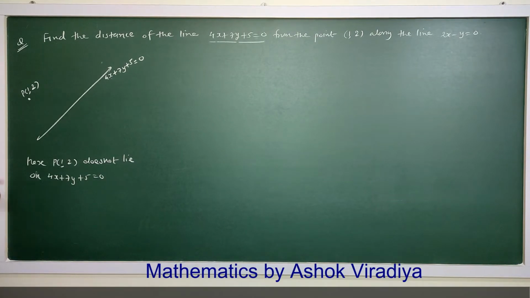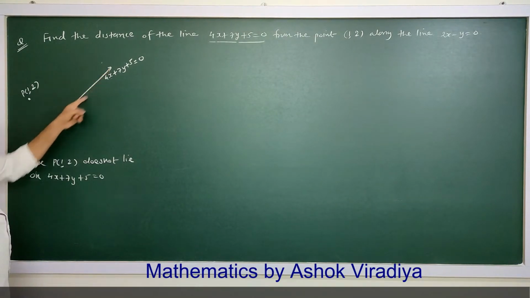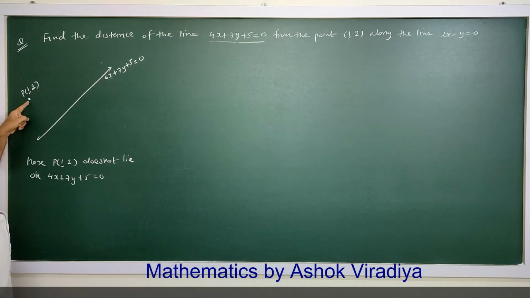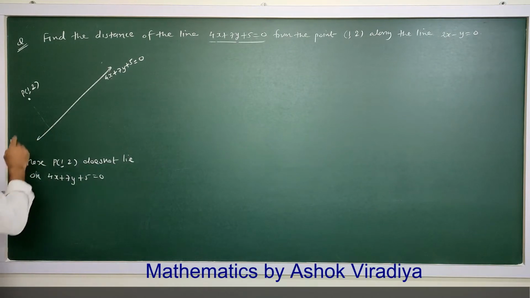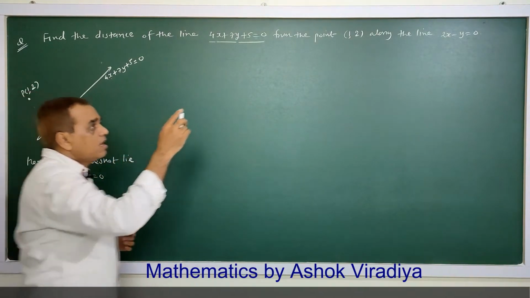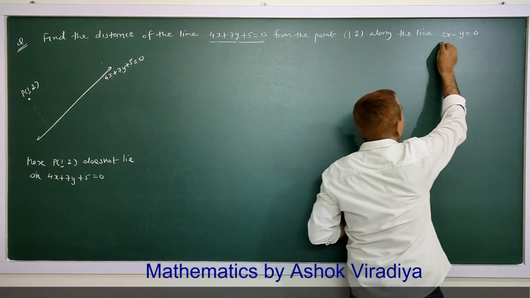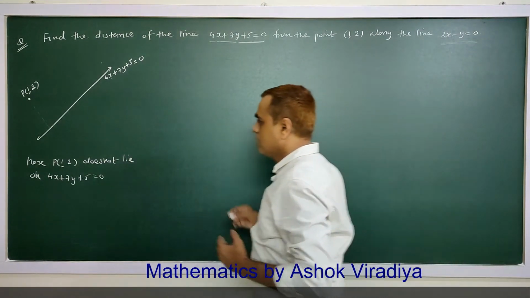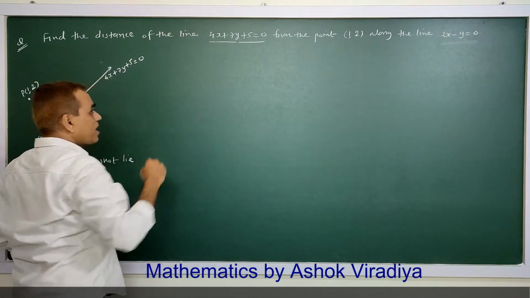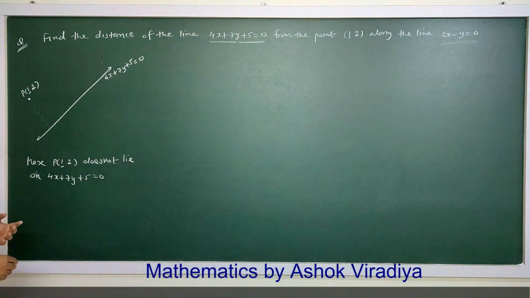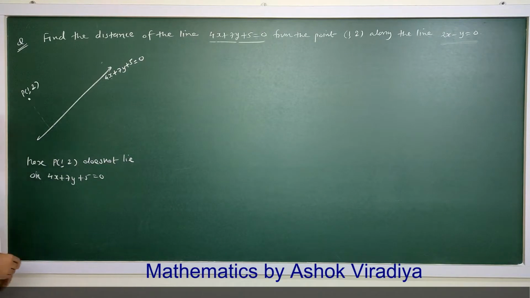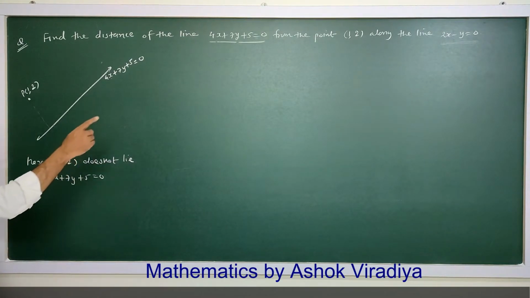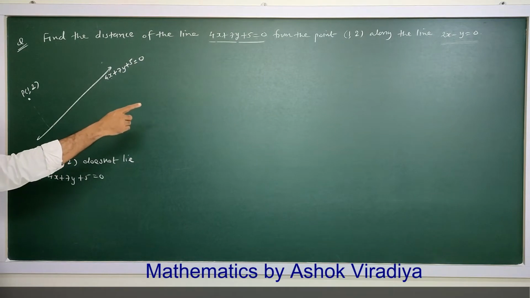Now we need distance of this line from this point, but we are not asked perpendicular distance. Distance is along the line 2x minus y equal to 0. That means this second line is not a perpendicular line, so along the line, that means cross distance.